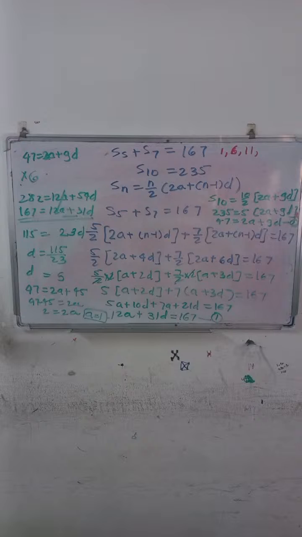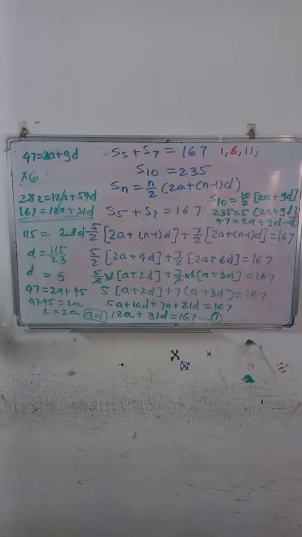Solve the equation: 1 plus 4 plus 7 plus 10 plus dot dot dot plus x is equal to 287.